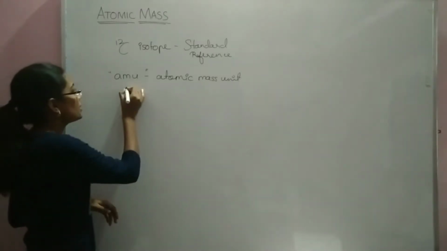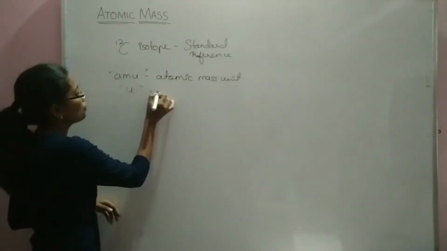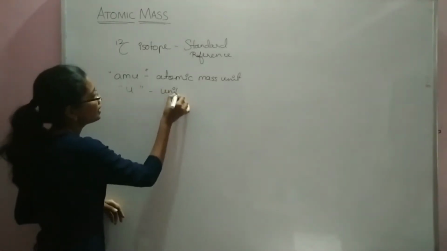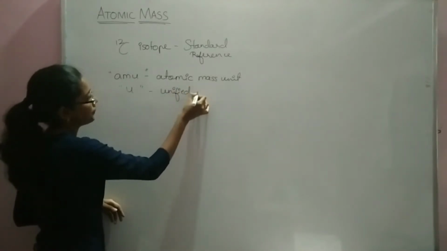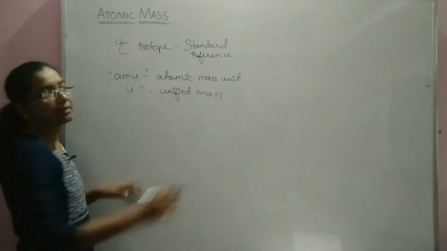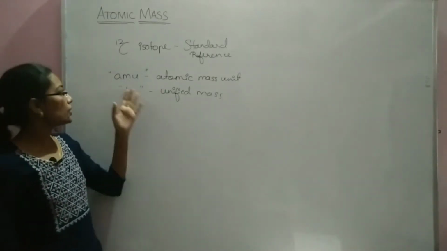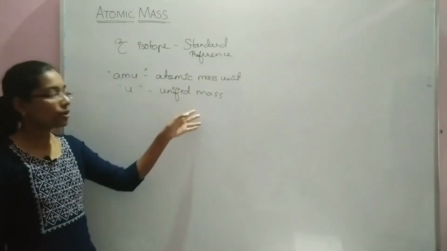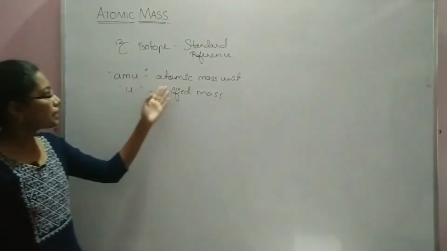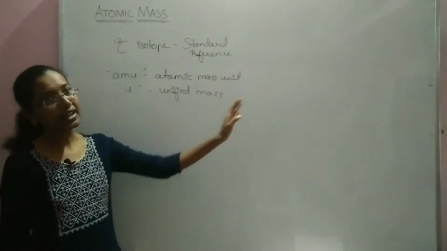Okay, and we have u also. u is unified mass. You can see both AMU and u. Both are the same only. You can use AMU also, u also. It is atomic mass unit. It is unified mass.